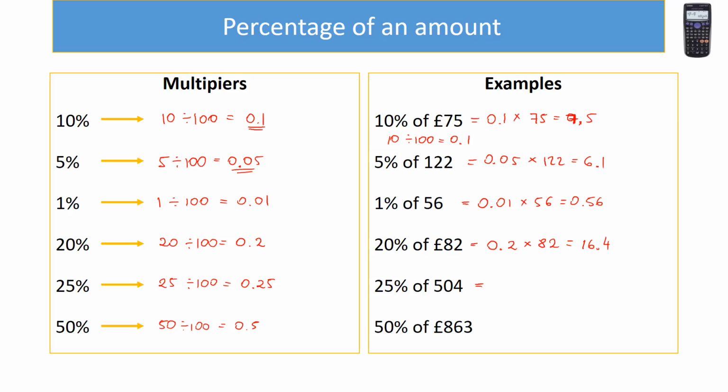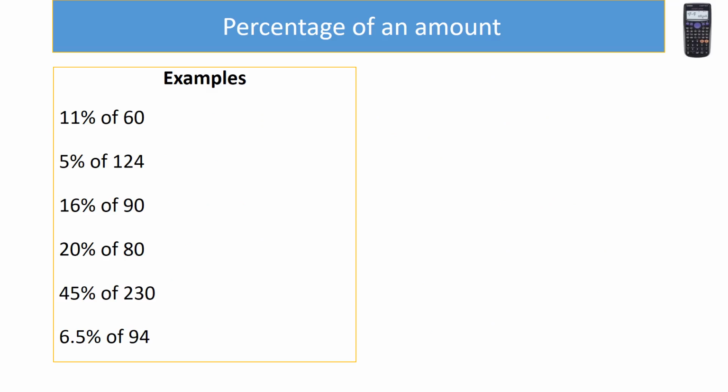For 25%, the multiplier is 0.25, times it by 504, and the answer is 126. And to work out 50%, the multiplier is 0.5, times it by 863, the answer is 431.5. So let's have a look at some more examples.